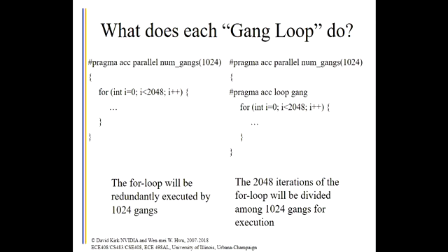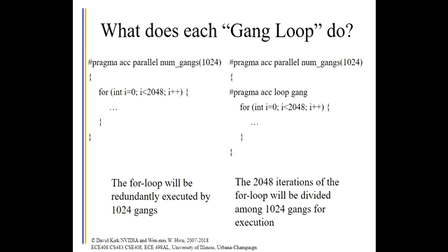But as soon as you mark this loop as an ACC loop, a GAN loop, what that means is that this loop will be divided up. Whenever you put that loop into an ACC loop status, the compiler will divide up the iterations, because you're telling the compiler that the loop iterations are parallel with each other.